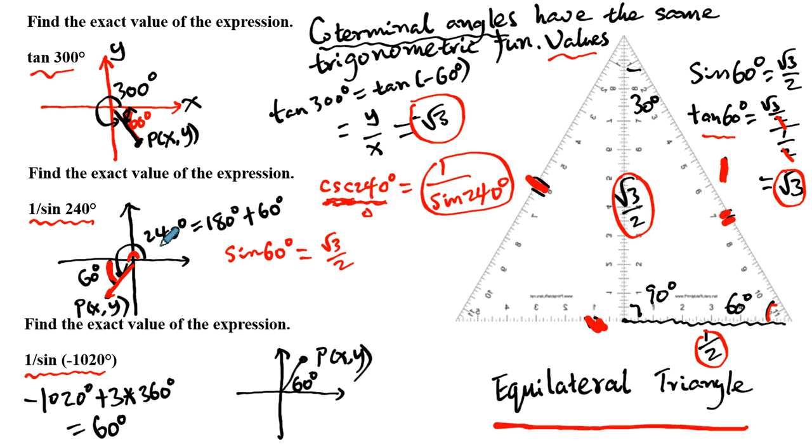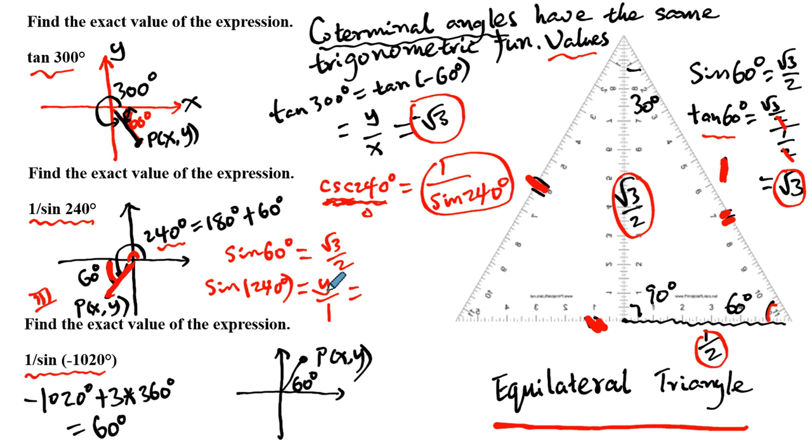But here, 240 is in quadrant 3. Sine 240 degrees is the y value, y over r. You may say y over 1 if it's in the unit circle.